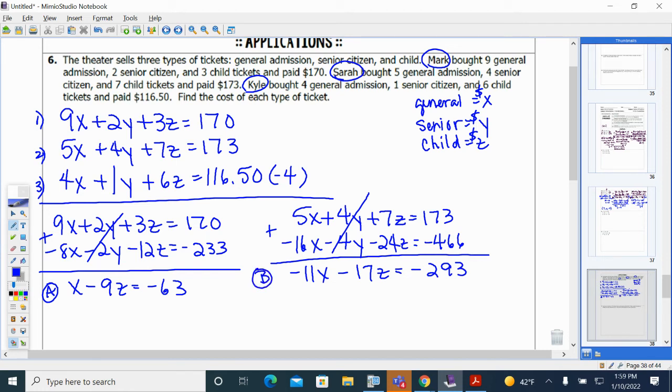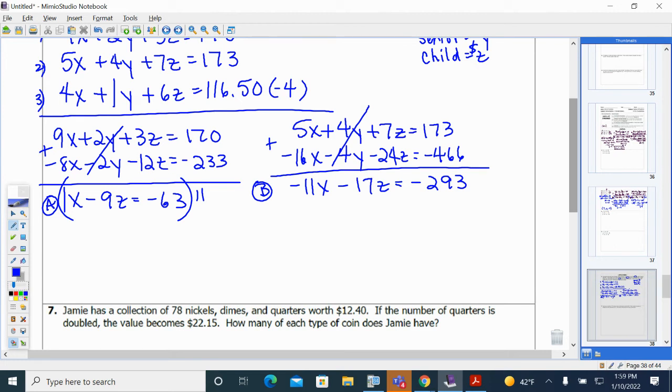Now, looking at equation A and equation B, I'm thinking the x's are going to be the easiest to eliminate. And again, the reason for that is because of this 1 on the x. If I multiply equation A by 11, the x's will go away. So let's finish that out here.